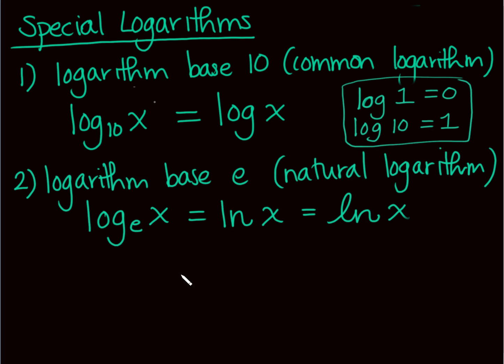Likewise for my natural logarithms, and these are going to come up a little bit more often, this is a very important thing to remember: the natural log of 1 is 0. Again, what is that asking? What do I raise e to in order to get 1? I would raise it to the 0 power. The other important one is the natural log of e is just 1. What do I raise e to get e? That would just be 1, right?